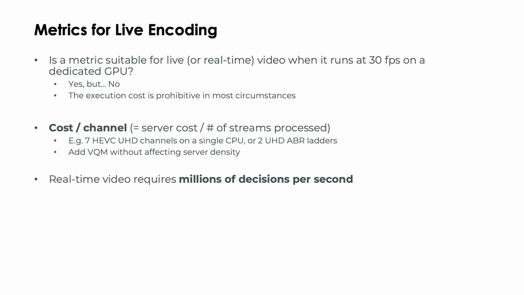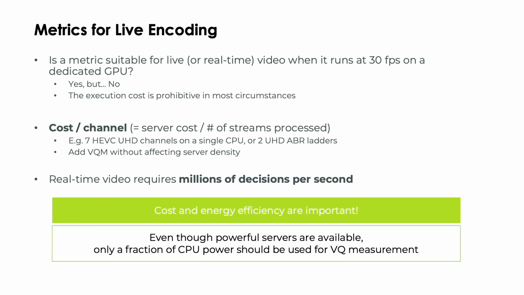So if you had 7 before you switch on the video quality measurement, you still want to reach 7 channels after you switch on the calculation. So again, cost and energy efficiency are very important. And even though we are seeing an increase in computation power on the latest CPU generations, we still have to consider that only a fraction of the CPU power we really want to dedicate to video quality measurement.